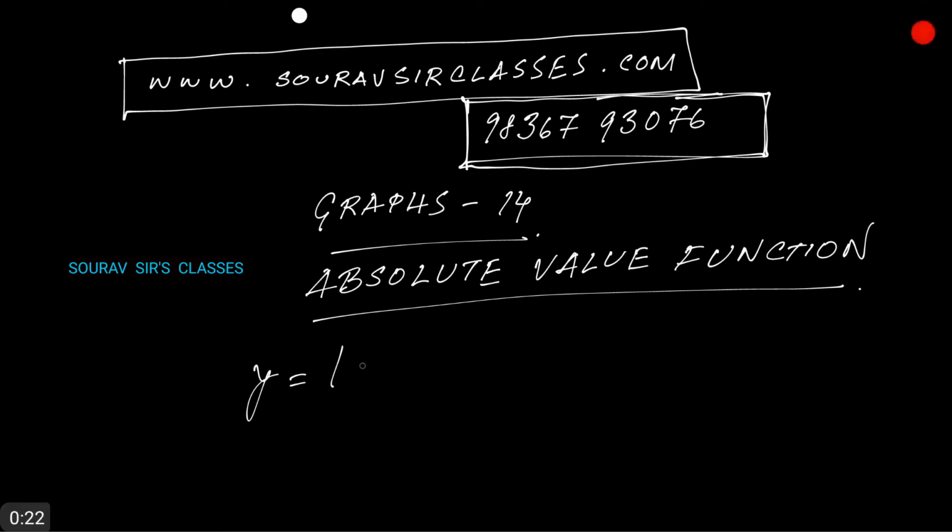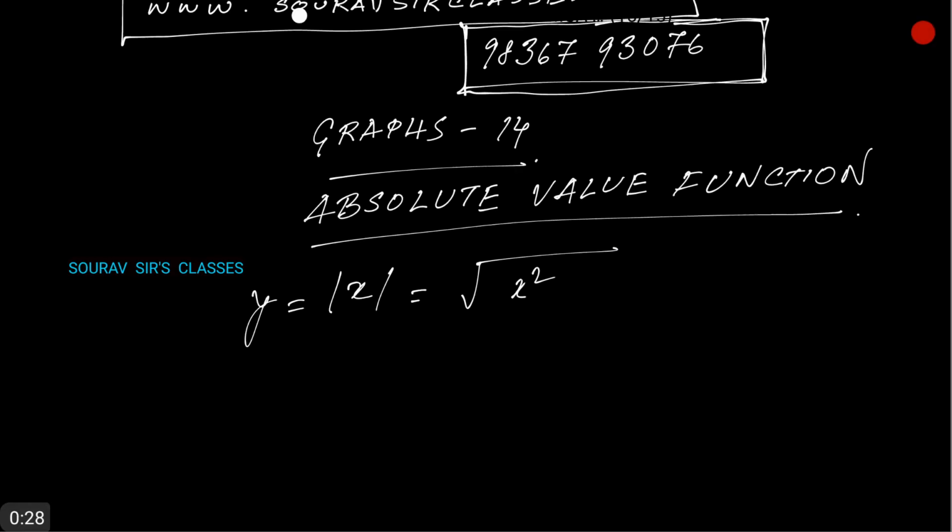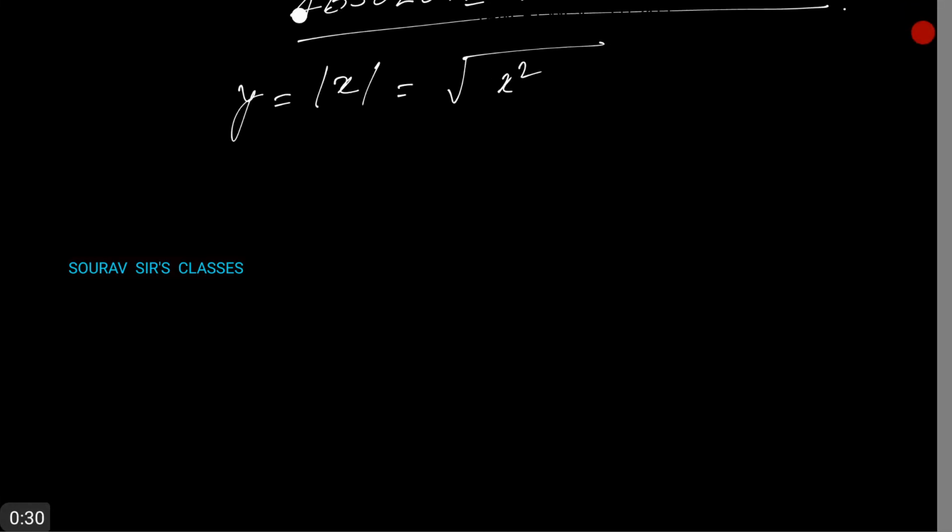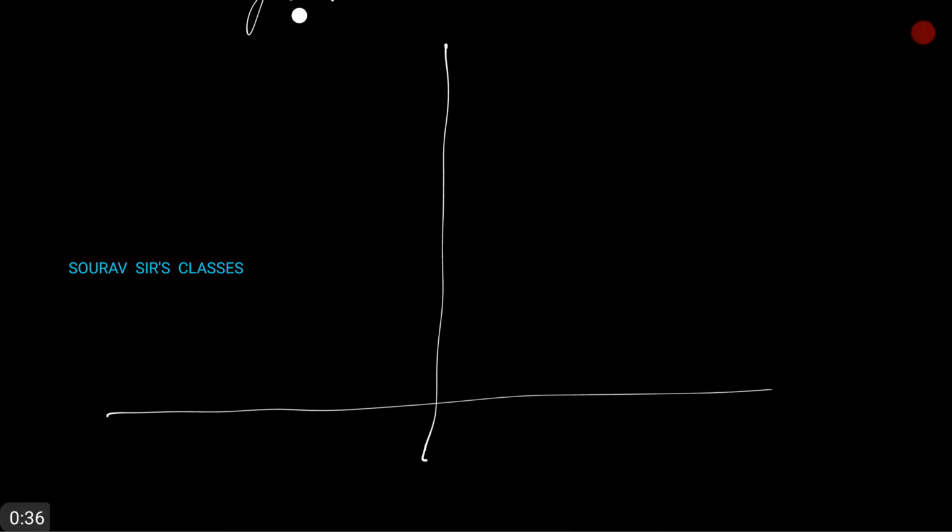y is of the form modulus of x, which is equal to root over x squared. Okay, so how does the graph look like? Let me just show you. This is the y-axis and this is the x-axis.